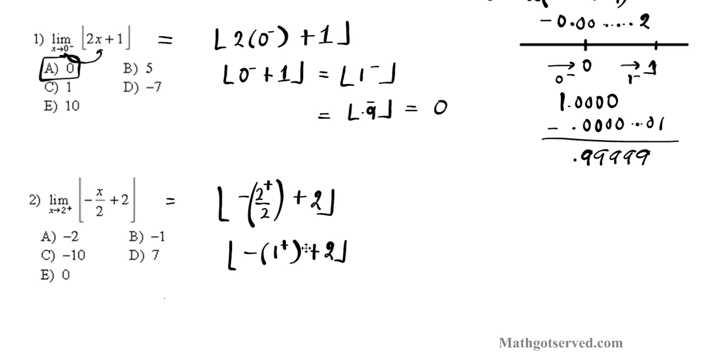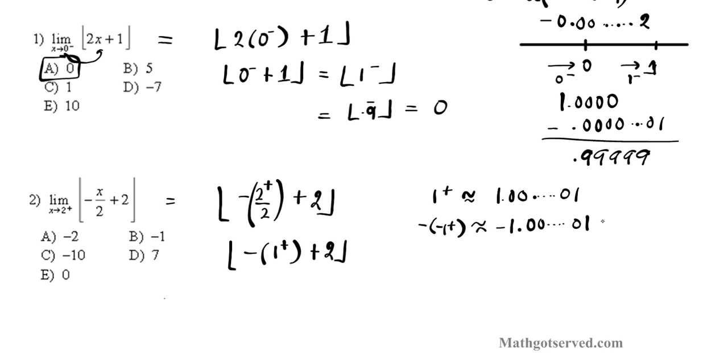To help us understand what's happening here, let's look at an example. 1 from the right can be approximated by 1.00, infinite number of zeros, 0, 1. If you take the opposite of that number, you get negative 1.00, an infinite number of zeros, and then 1.